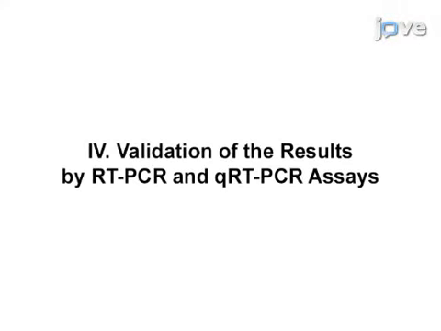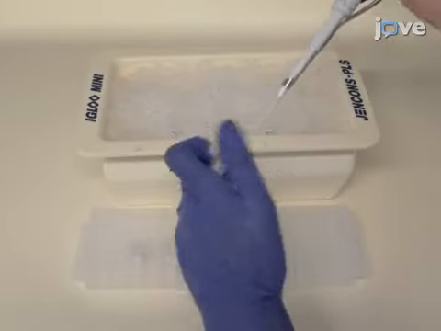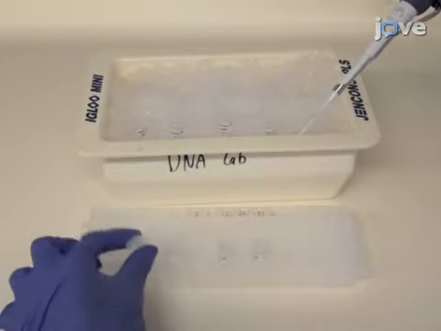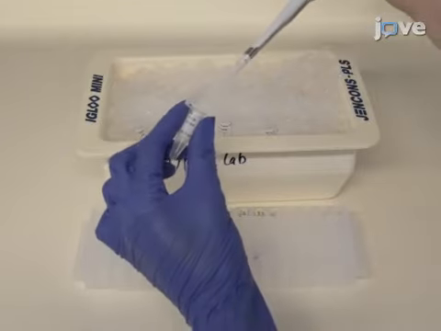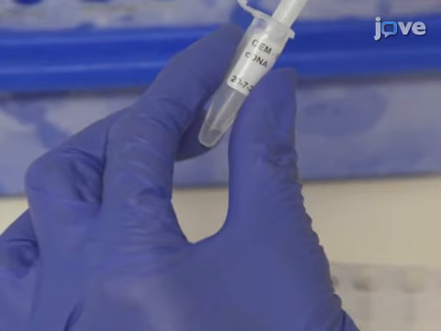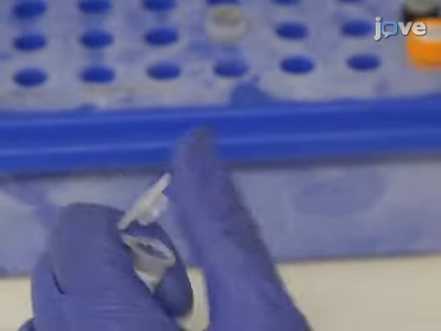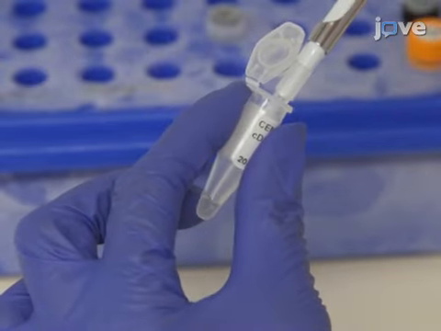Design all primers as described in the text protocol. For first-strand cDNA synthesis, set up reverse transcription of 1 microgram of the isolated RNA to cDNA by using 200 units per microliter of Maloney-Murine leukemia virus reverse transcriptase in its reaction buffer, diluted 1:5 with sterile water.